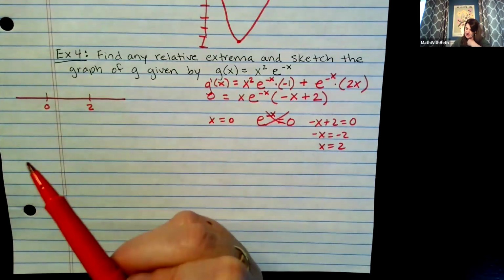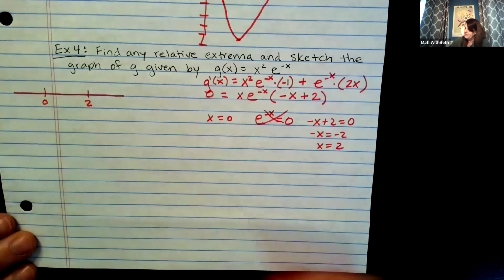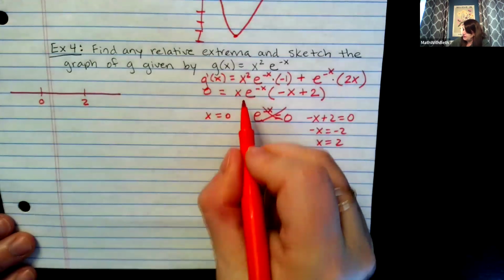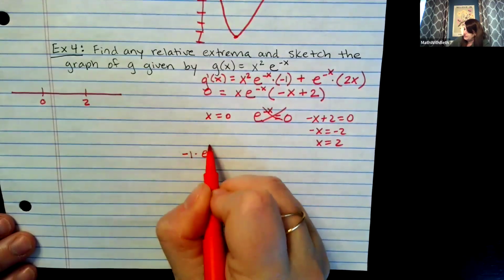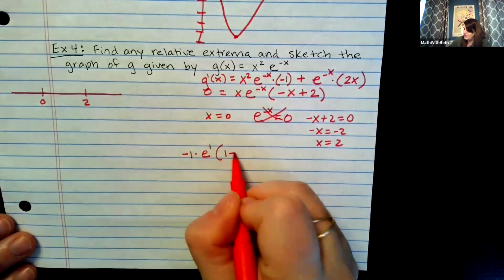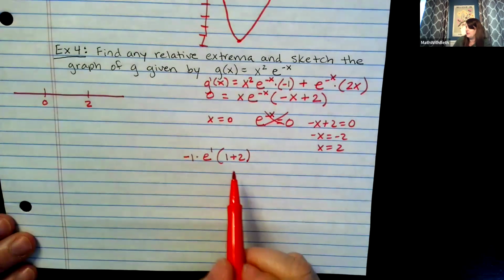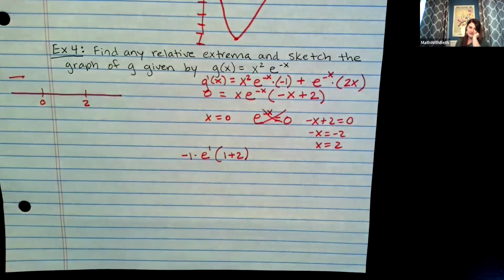So if I plug in -1, that would give me -1 times e to the 1 times -1 plus 2. So that would be a positive times a positive times a negative. So that is a negative.